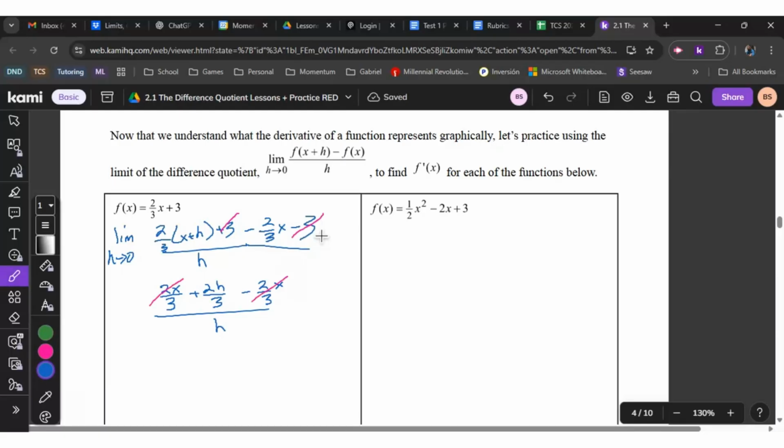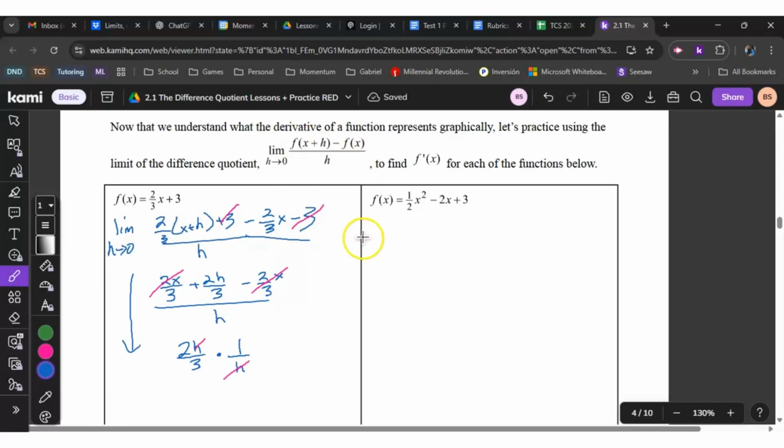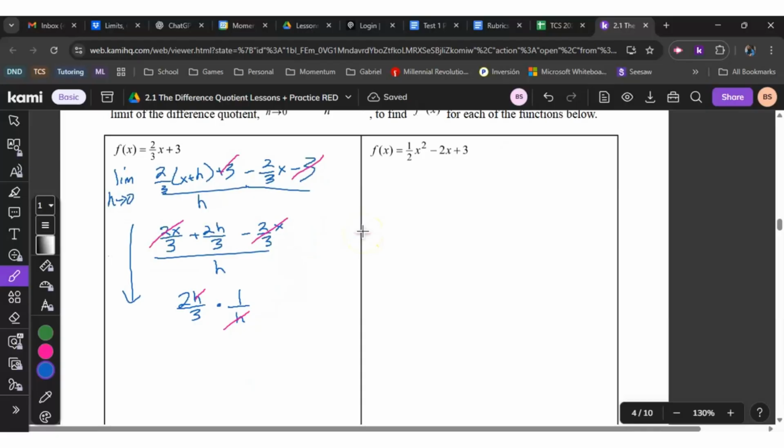Amazing. And so that leaves me with 2h over 3 over h. But what's an easier way of dividing fractions by fractions? Multiply. Exactly. Keep, change, flip. And now what happens to those h's? Goodbye. Well, what happens if you have 2x over 3 minus 2x over 3?